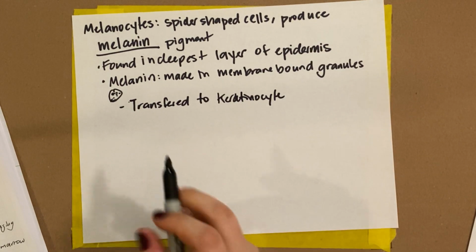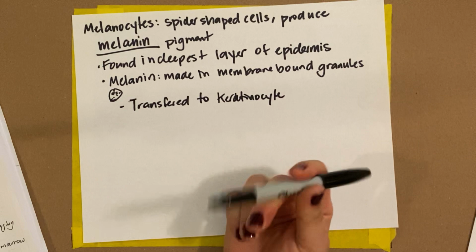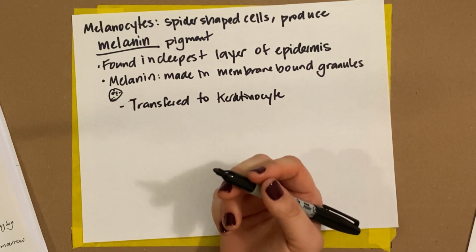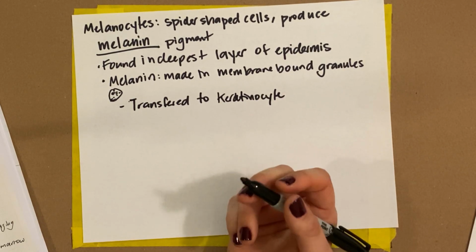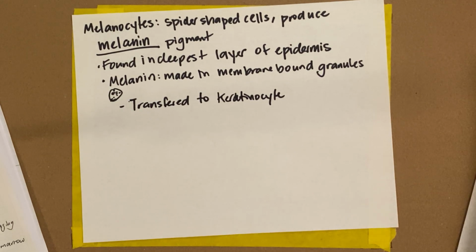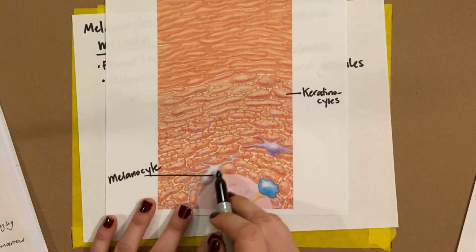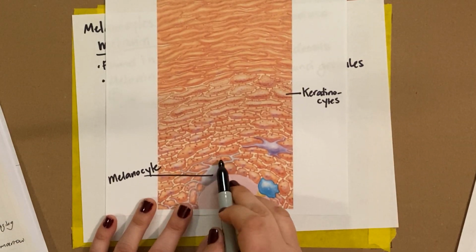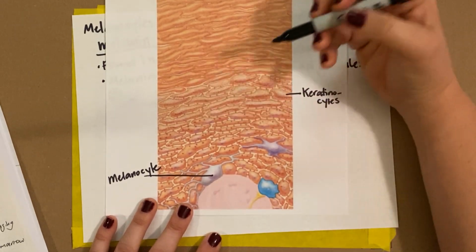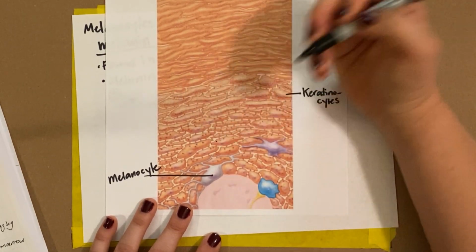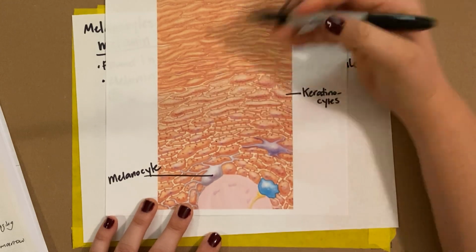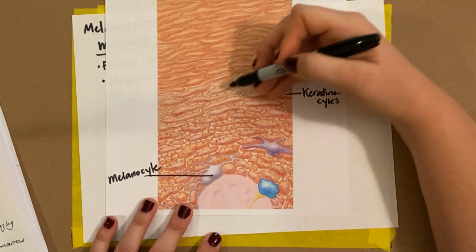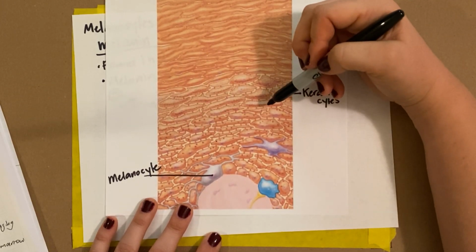Basically the basal keratinocytes will contain more melanin than melanocytes, so they'll actually be darker. So again, the melanocytes make it, but then they give it off to the different keratinocytes. So you'll have the little brown spots, and this area has high amounts of the melanin granules.